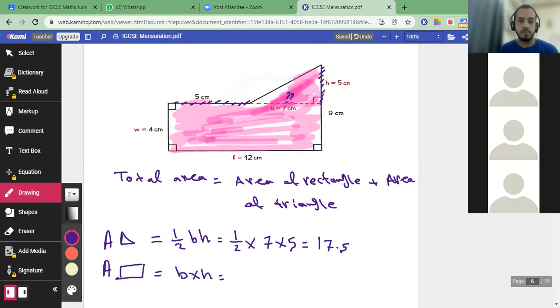Length times width. 12 times 4 equals 48.